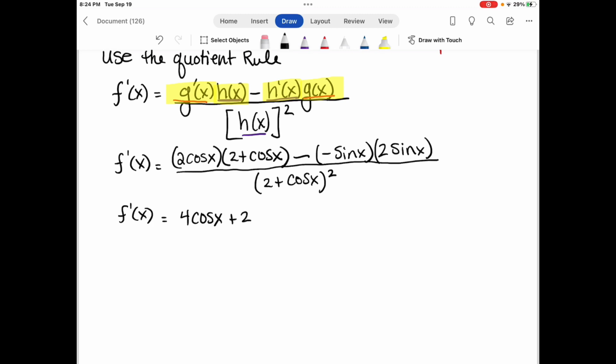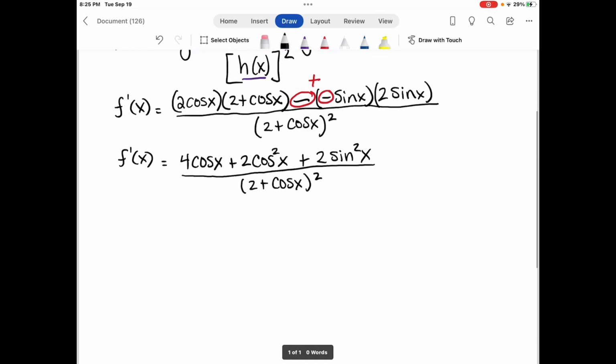That's going to give me 2 cosine squared x. This negative and this negative become a positive. And so when I take sine x times 2 sine x, that's going to be a positive 2 sine squared x. And that's all over 2 plus cosine x squared.